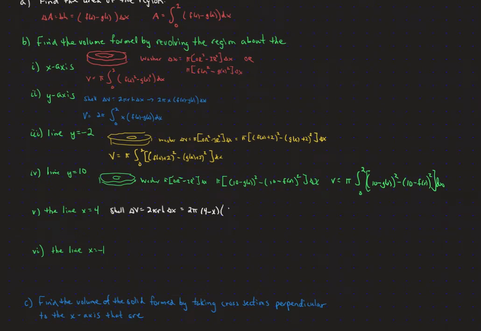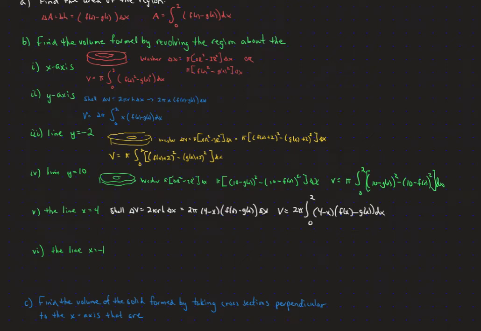Our height is still going to be the top curve minus the bottom curve, and then we'll have a delta x. So our volume is going to be 2 pi integral from 0 to 2 of 4 minus x times f of x minus g of x dx.